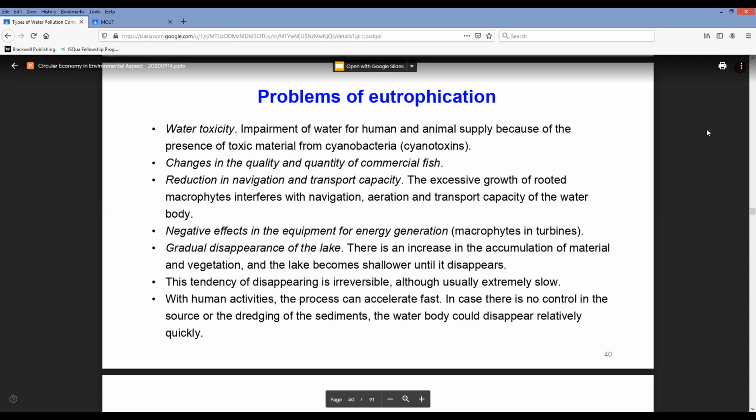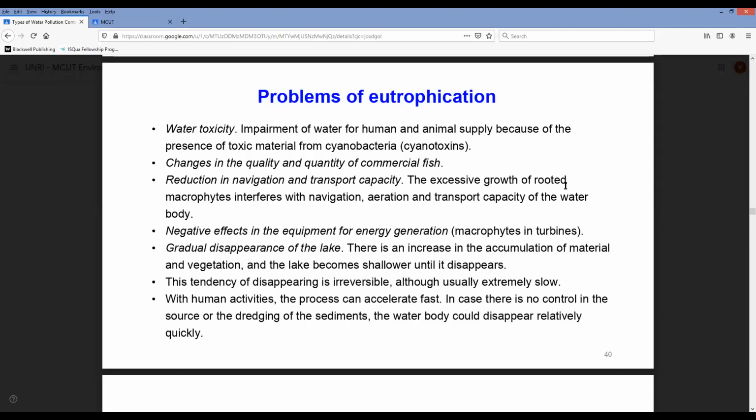And then the next one is the gradual disappearance of the lake. There is an increase in the accumulation of material from all vegetation, and the lake becomes shallow, because usually the lake is very deep. When the sludge is deposited at the bottom of the lake, over time, maybe 10 years or 20 years, the deposit at the bottom will become more and more, so it will make the lake become shallow.